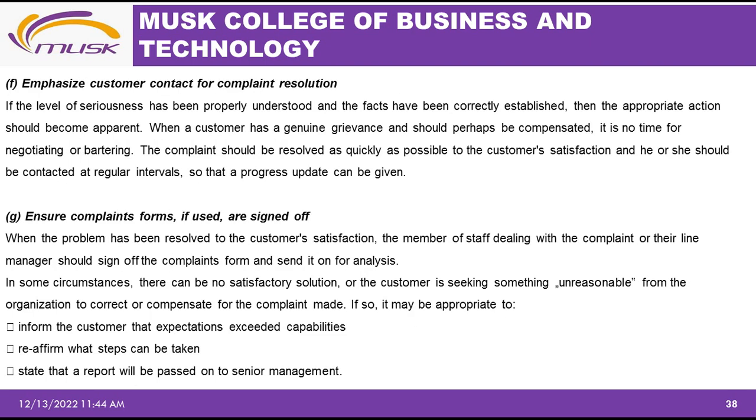The other one is emphasize customer contact for complaint resolution. So you need to be in touch with the customer, updating them on the steps you have taken in resolving the complaint. The other one is ensure complaint forms, if used, are signed off.